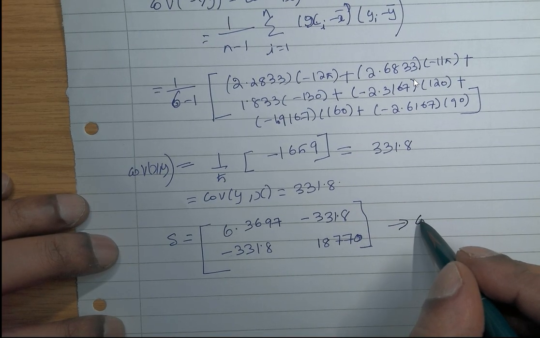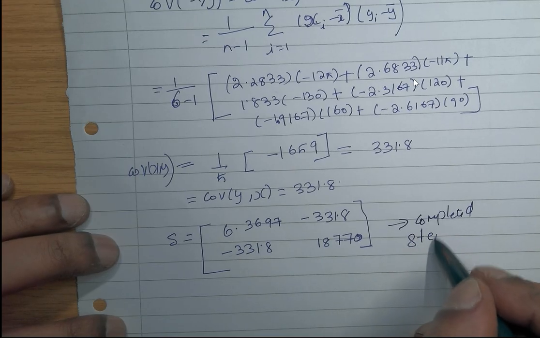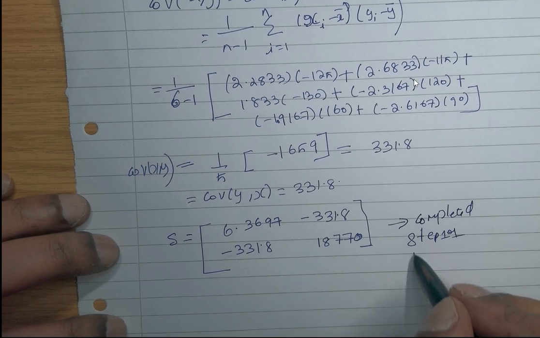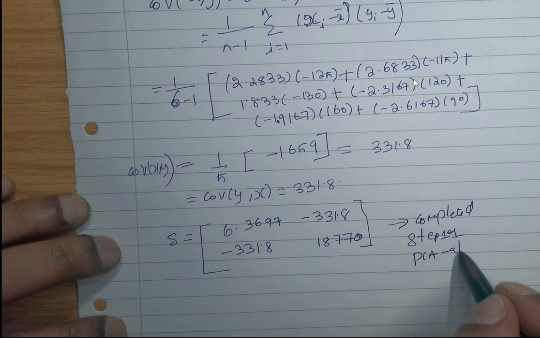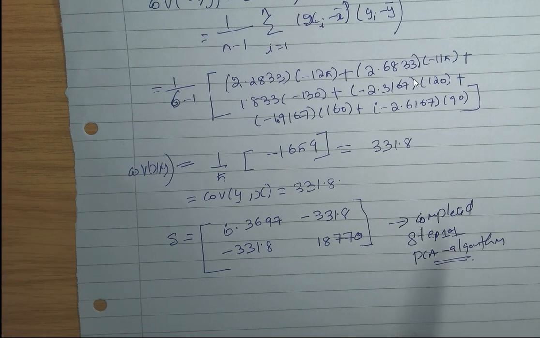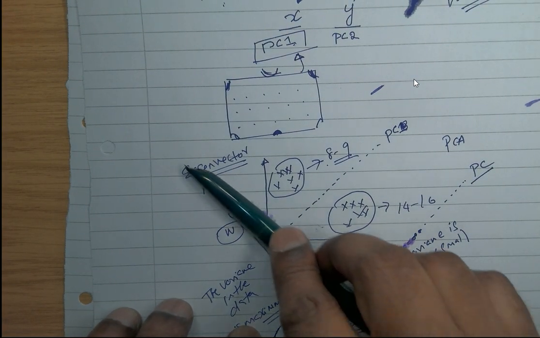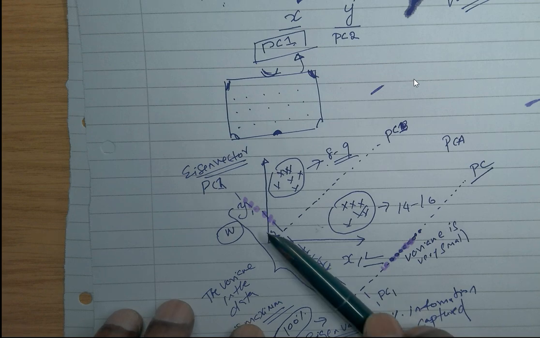We completed step 1 of the PCA algorithm. We have to do a few more things. If you remember, in the very first or second video, I mentioned that we have to find the optimum eigenvector, or what is called the principal component.